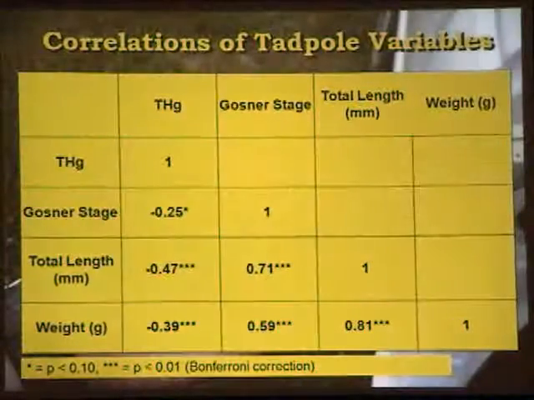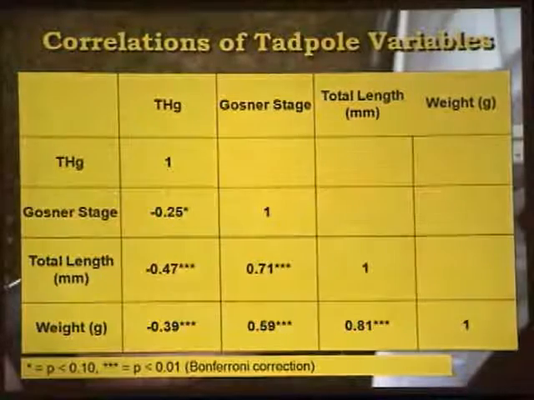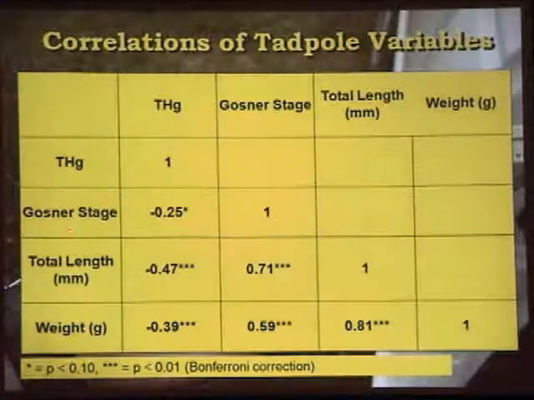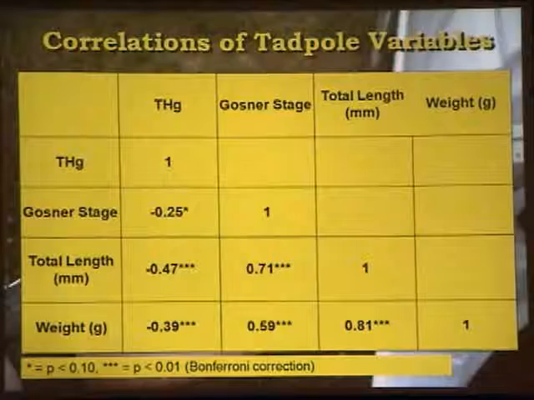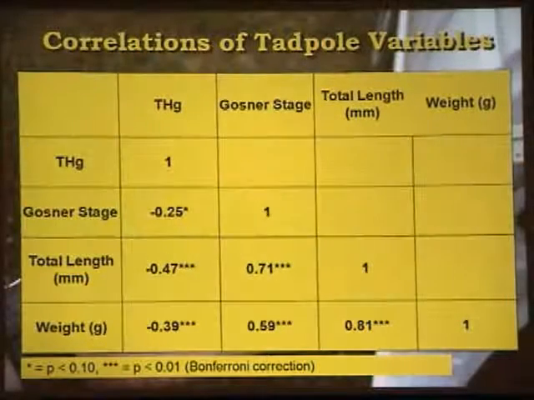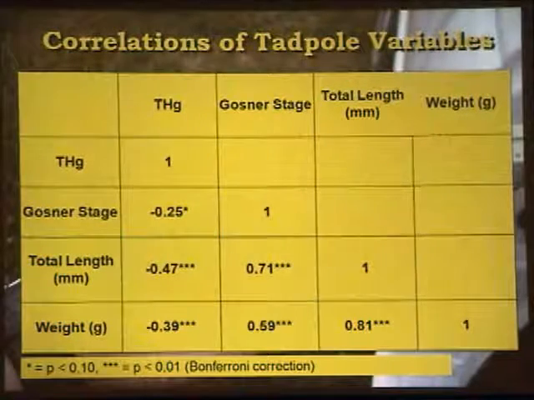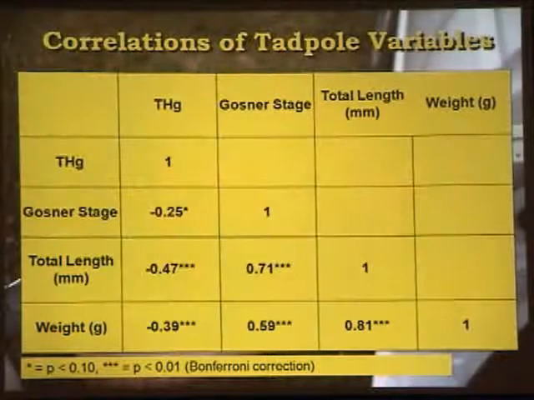We did find some interesting information, though, in our study. These are looking at mercury concentration and Gosner stage of the tadpoles, the total length of the tadpoles, and weights. One of the interesting things that we found is that mercury concentration was negatively correlated with the Gosner stage, total length, and weight, which is kind of counterintuitive to what we were thinking.